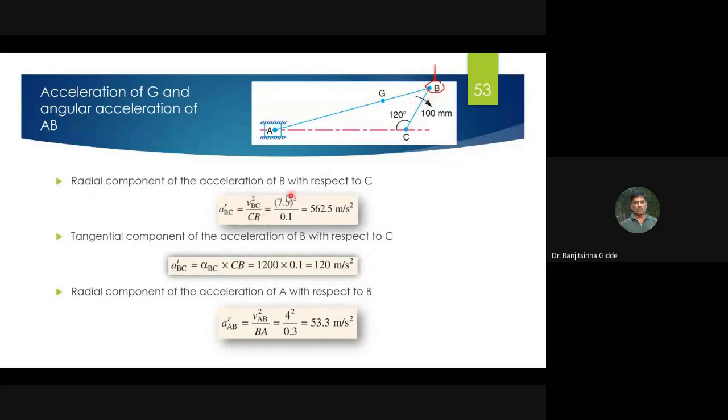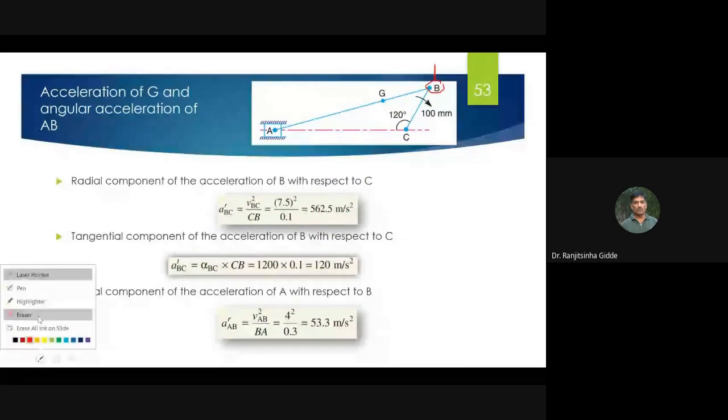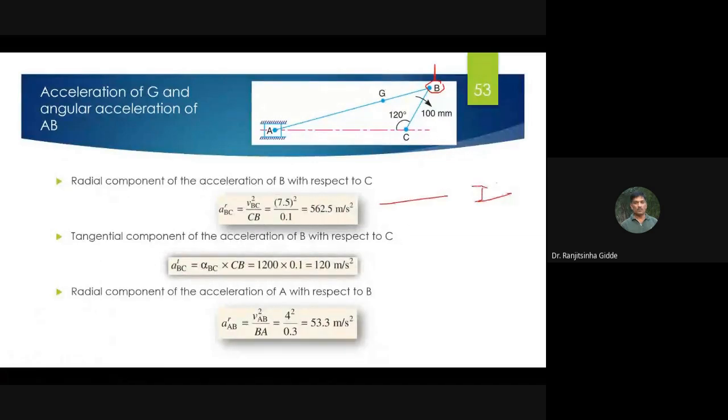So 7.5 bracket square divided by 0.1, and this is the value of this radial component of acceleration. Then write this, or you can write here 1.